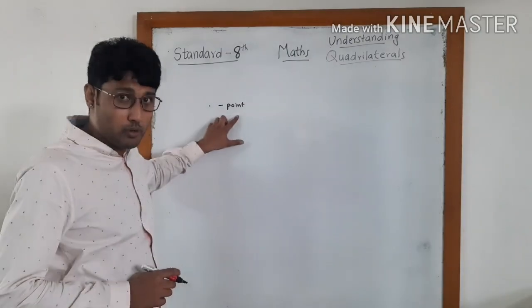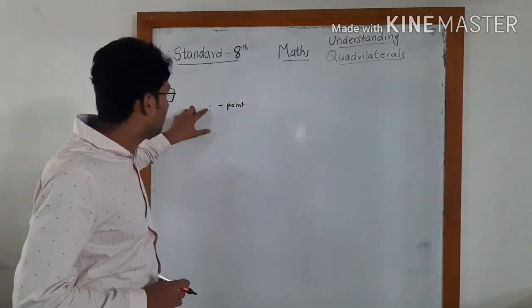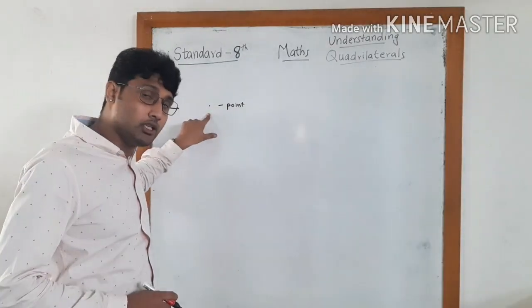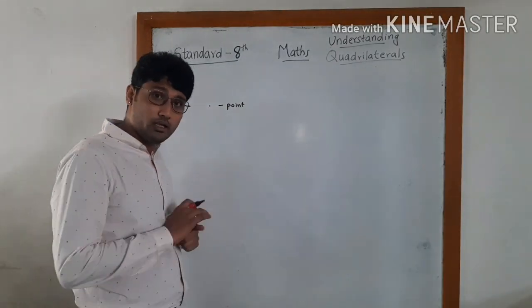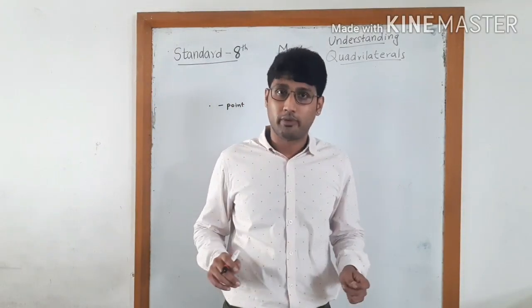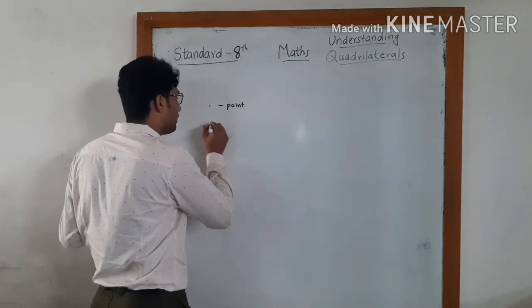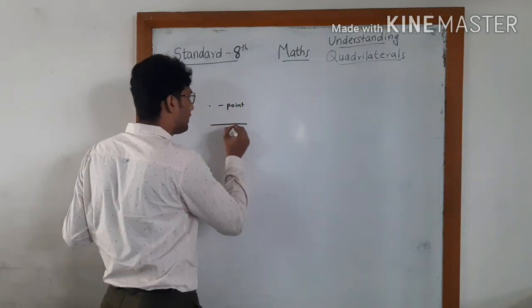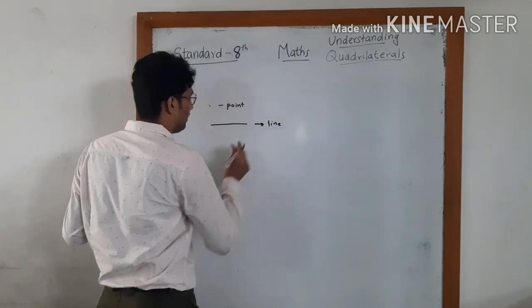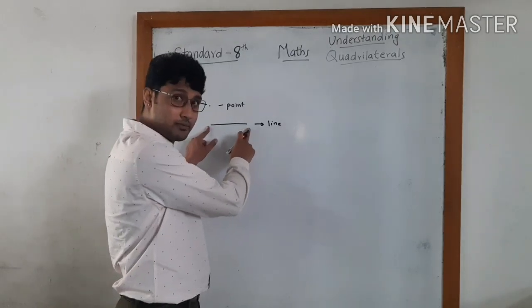This is called a point. We represent or show a point by using a dot. This purely shows the position of something. It does not have any dimensions. A point has no dimensions. After that, if we connect a lot of points in a straight line, we get a line, and you can measure the length of this line.